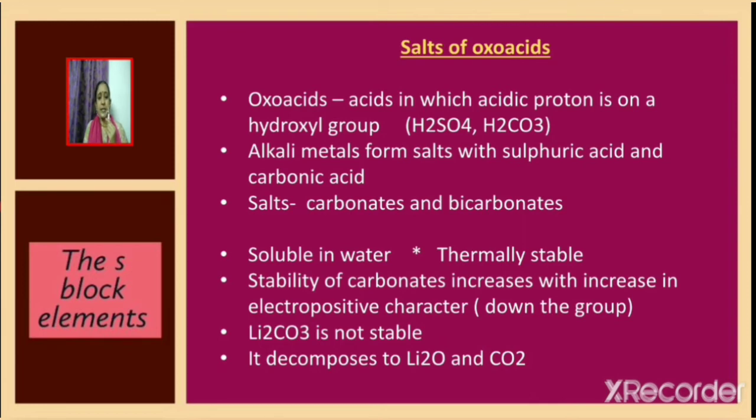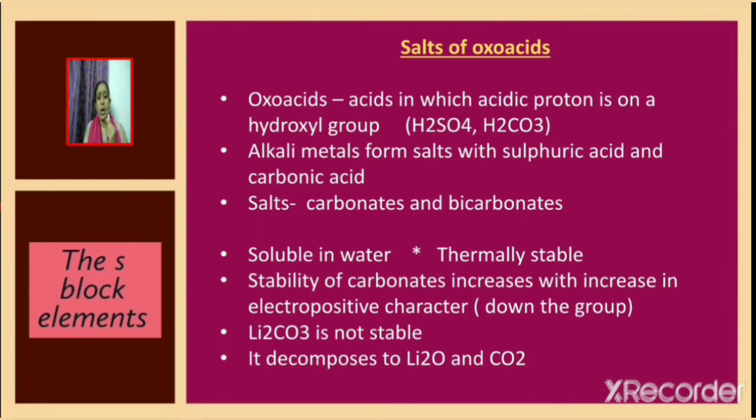Now consider carbonates of different alkali metals. We have lithium carbonate, sodium carbonate, potassium carbonate, rubidium carbonate, cesium carbonate. The stability of these carbonates increases with increase in electropositive character. We know that as we move down the group, electropositive character increases.